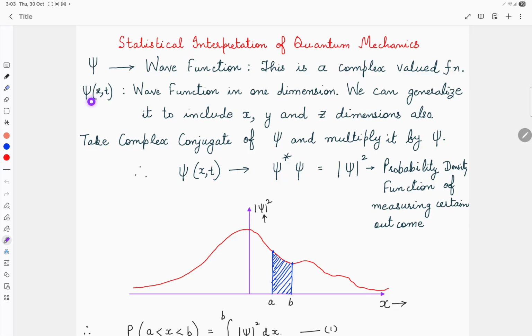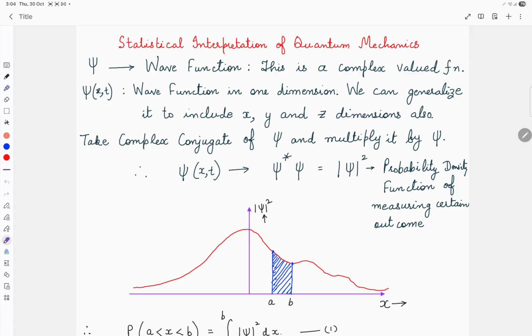In that case, we will have to include the y and z components, and the wave function will be a three-dimensional wave function. At present, to simplify the discussion, we are discussing only the wave function in one dimension. As I just mentioned, we can generalize it to include x, y, and z dimensions also.